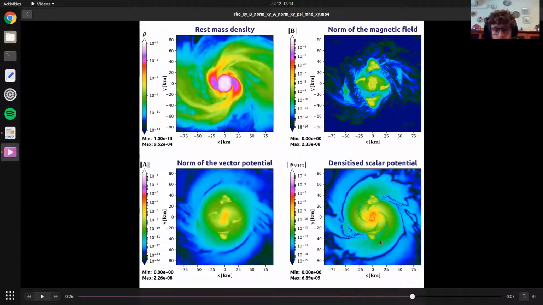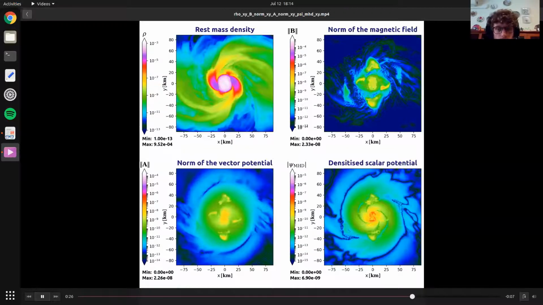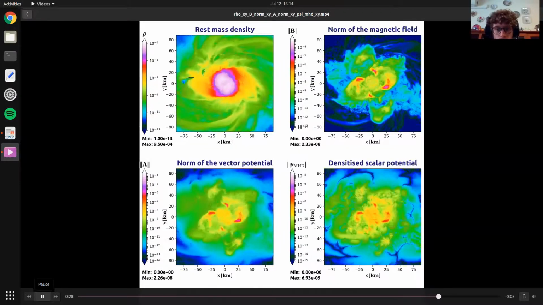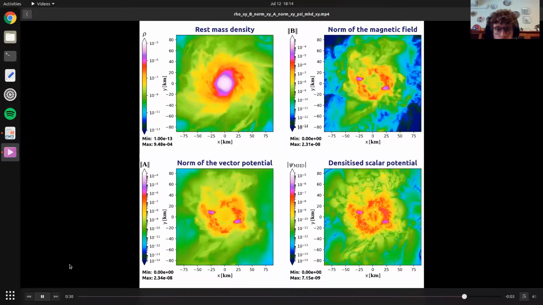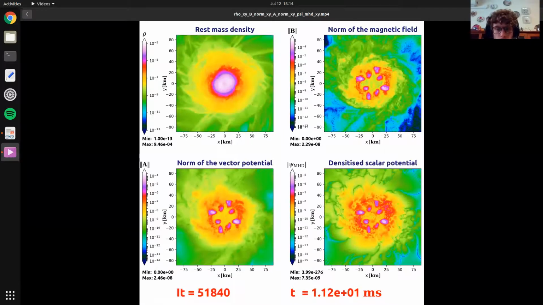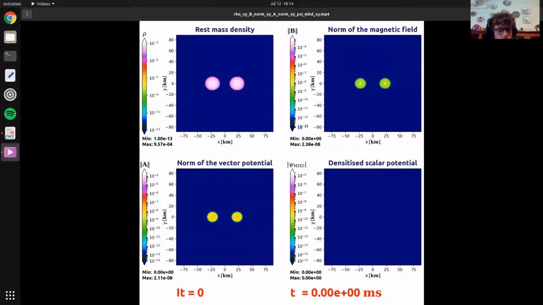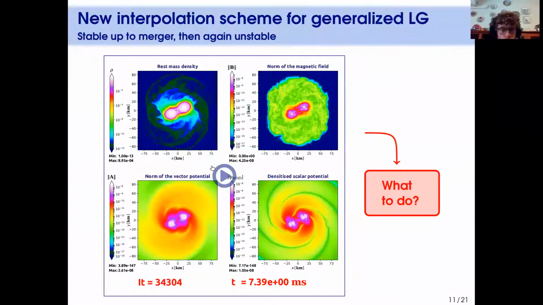You see these spots in the potentials, which translate into spots also in the magnetic field. And these spots remain fixed over the grid and don't go away. So there is a problem, right? So there was an improvement, but what to do at this point?